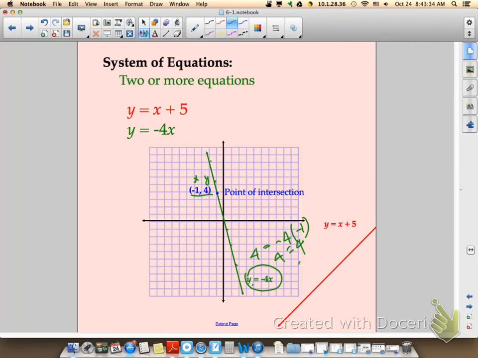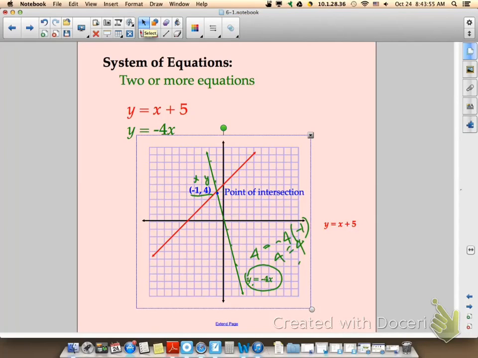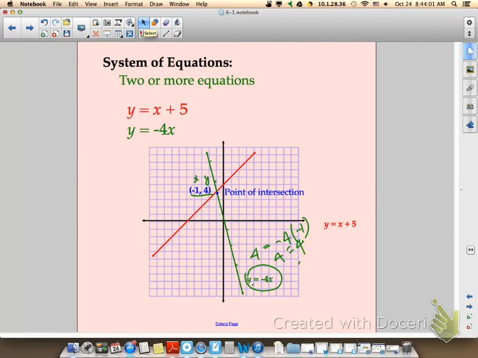Now if you add a second equation, this is y equals x plus 5, correct? Any point on this line would also be a solution of that equation.